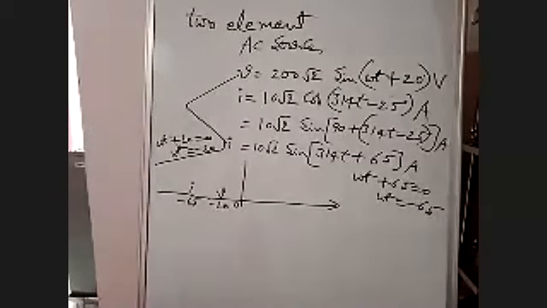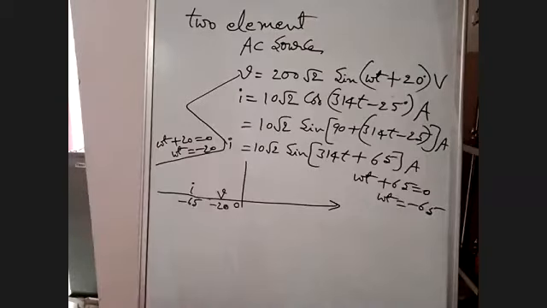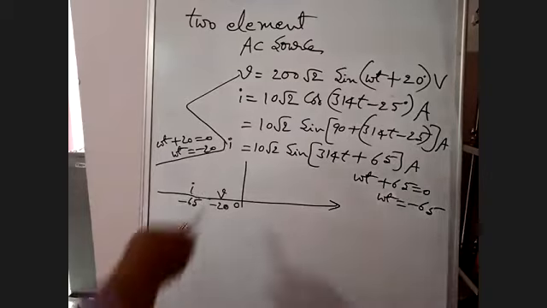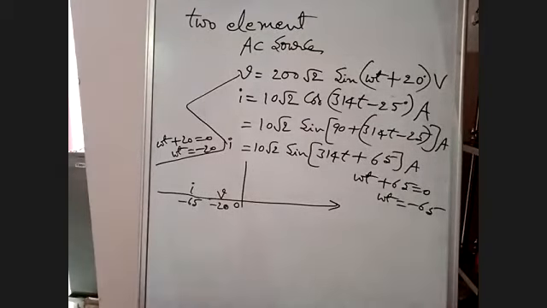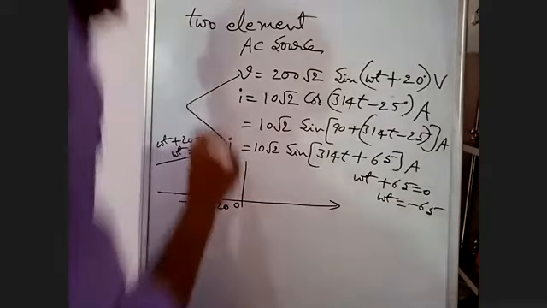Current is leading, because current is starting first compared to voltage. If current started after voltage, it would be lagging. If interchanged, the current would be lagging. In this problem, current is starting in advance compared to the voltage, so the current is leading.